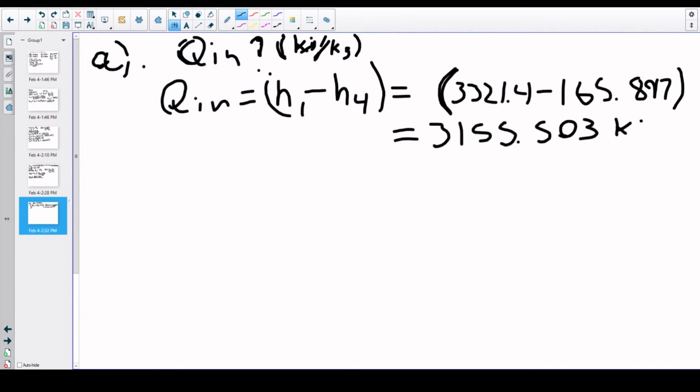We don't have a mass flow rate in this case because it wasn't given and there was no other way to find it. We weren't given a work, or a heat in or heat out of the system, so it's asking us to leave it in kilojoules per kilogram. Now we're solving for the thermal efficiency of the cycle, which is the net work of the cycle divided by the Qn, which is what we just found.